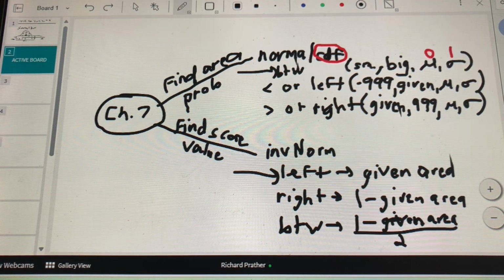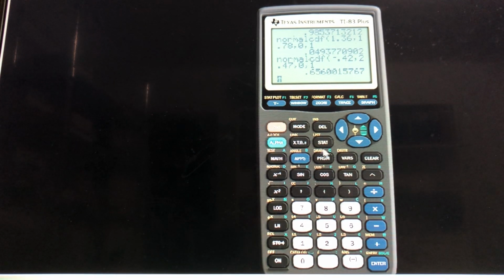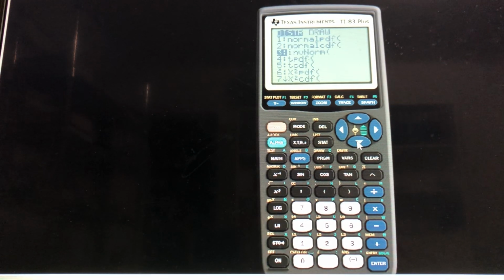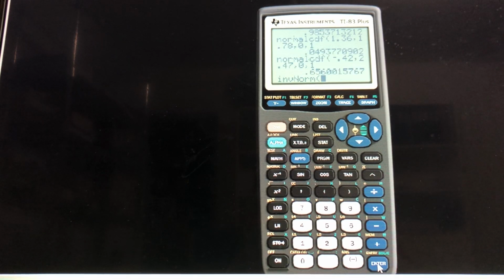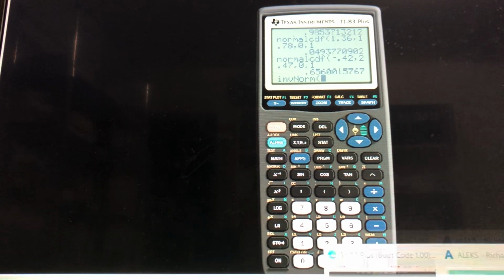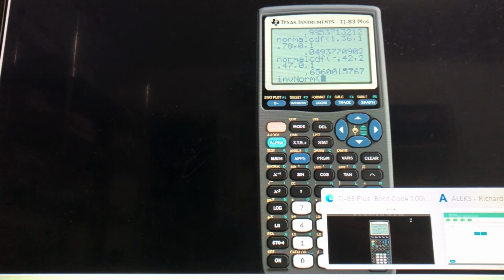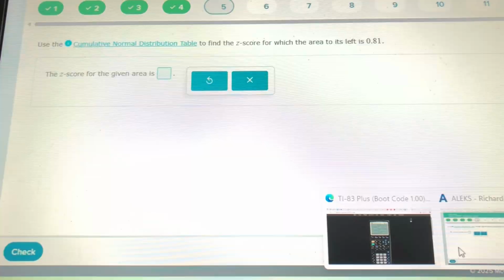So I'm going to do inverse norm, which is second vars and the third one from the top. If the area is going to the left, then you just put it in as is, whether you're a typer, a paster, or even have the left, center, right options.